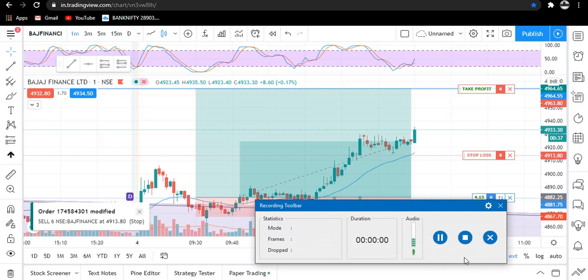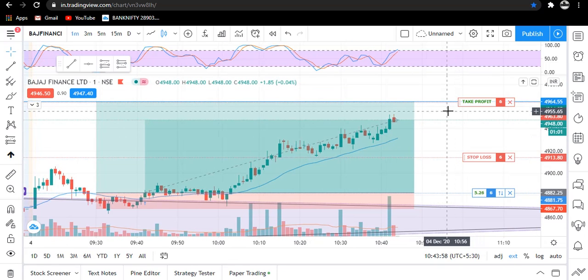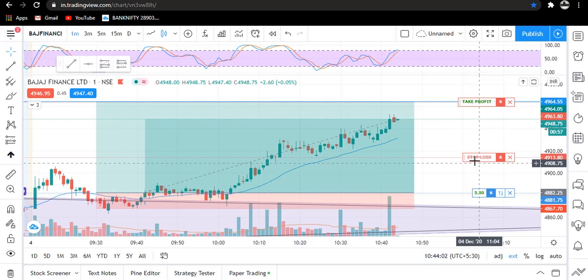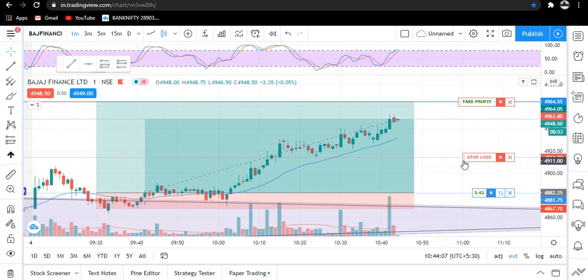I will update you after some time. It was a quick update. Traders, you can see we are very near to our target. In just a few minutes we have got a good risk reward ratio and a perfect trade. Now I am trailing some more till here.